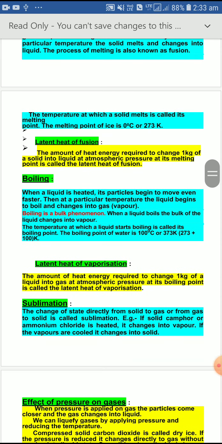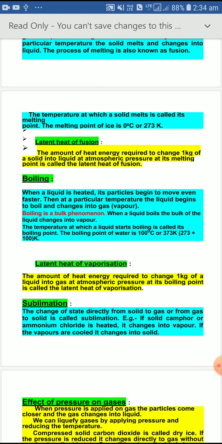One another concept is there, sublimation. Suppose naphthalene balls your mother used to keep in your almirah for preservation from insects, so that insects will not damage our clothes. Sublimation is a process in which solid directly changes into gas, or gas directly converts into solid, without converting into liquid.